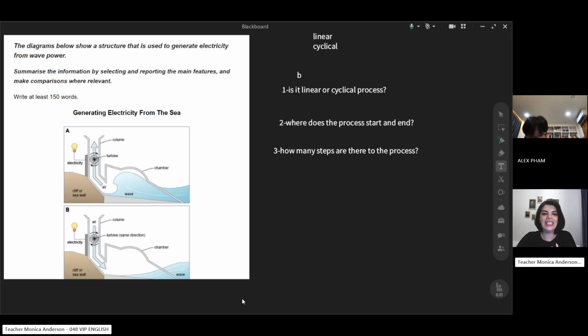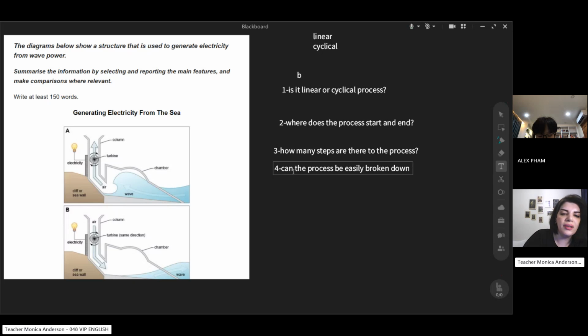Sometimes it's not really clear. So number 4: can the process be easily broken down into stages? Some are really clear. You can easily see the first one, raw material, production, and delivery, for example. Sometimes it's a bit challenging.